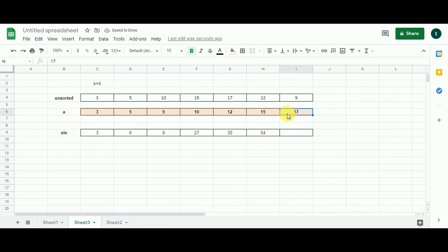Okay. Now we have reached the final subproblem. That is also our problem. We have 17 over here. So we are going to check whether 17 and 15 can form a pair. So 15 subtracted from 17 gives me 2. 2 is less than 4, so yes, they can form a pair. We add 15 and 17 and we get 32.